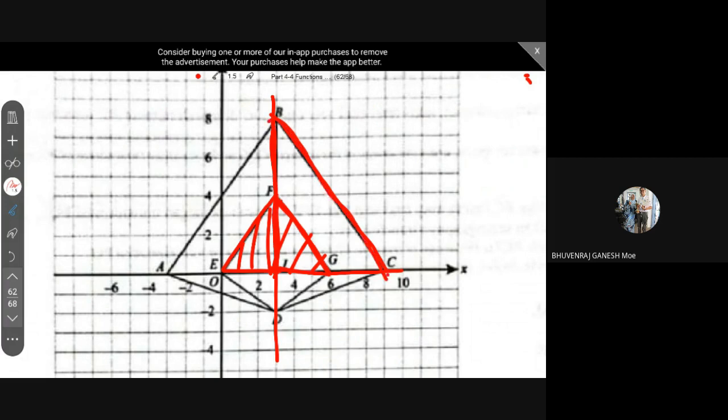What process is this? The transformation you haven't learned yet? Just now I told. A small one becomes a big one. Yes, actually correct, enlargement. So can you tell me the scale factor now? Image over object, right? Our formula. So image is this whole thing. Object is this thing. So can you calculate and tell me what is your scale factor?